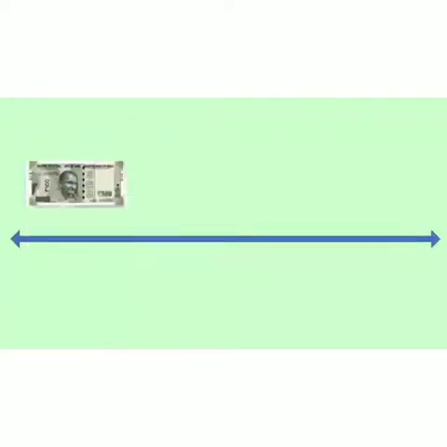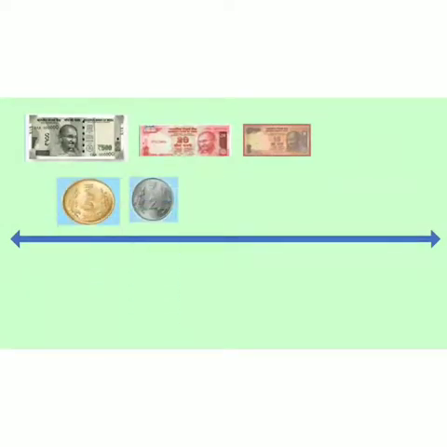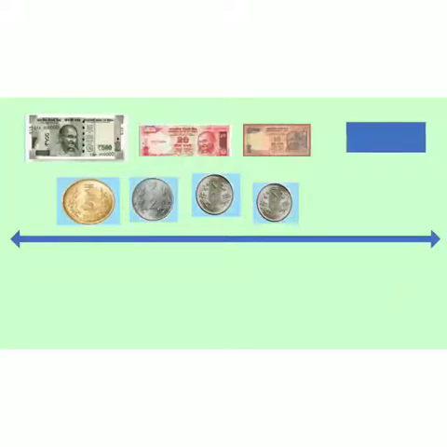More example we are taking. 500, 20 rupees, 10 rupees, 5 rupees coin, 2 rupees coin, 1 rupees coin, and one more 1 rupees coin. Now you have to count the total and write the total amount in the given empty box.